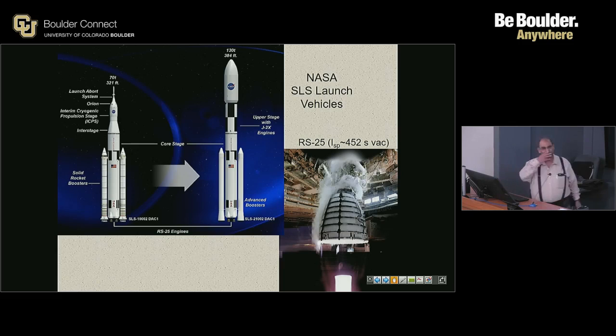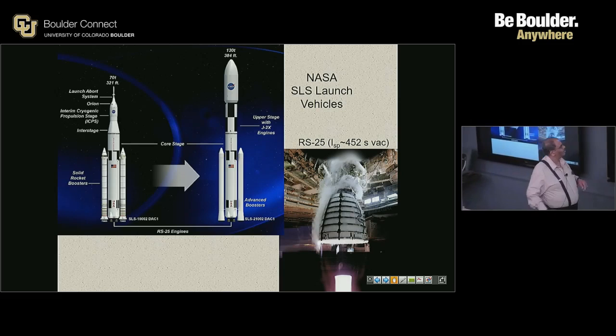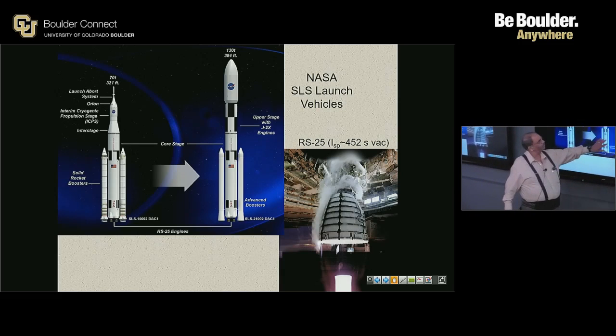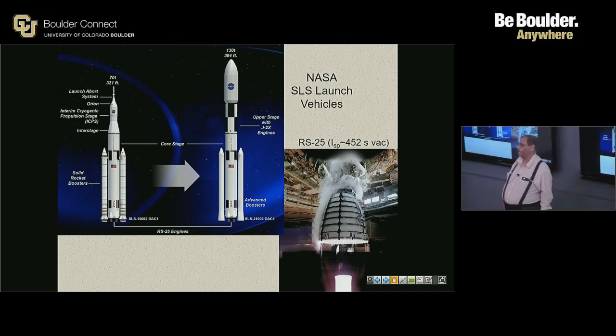Okay. Let's come to NASA. NASA was originally building essentially this one. It was called Ares 5 before the program was canceled. Then there was an Ares 1 to carry the human beings. This is the cargo vehicle, and that was the human vehicle, so to say.